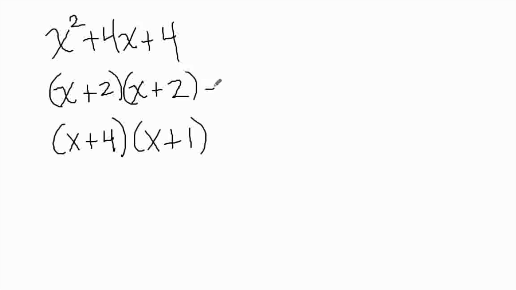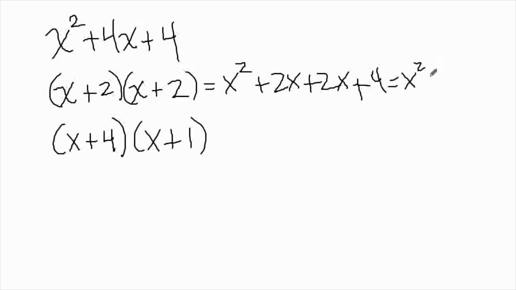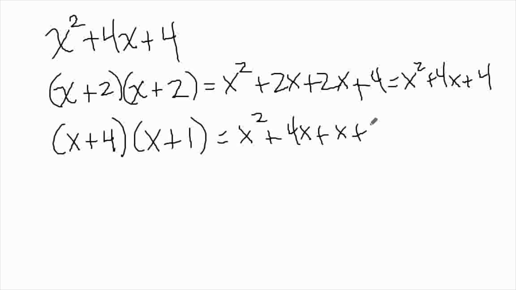Okay, however, if you actually do FOIL it out to check, you will see that the first one gives what we want, and the second one, FOILing it out, which I'm assuming you know how to do, does not give the correct middle term. Right?